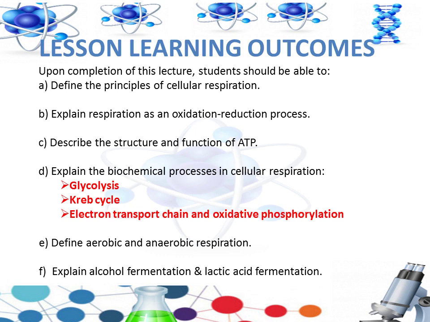Then you are able to explain the biochemical processes in cellular respiration, including glycolysis, Krebs cycle, electron transport chain, and oxidative phosphorylation. And you can define the differences between aerobic and anaerobic respiration. And also you are able to explain alcohol fermentation and lactic acid fermentation.